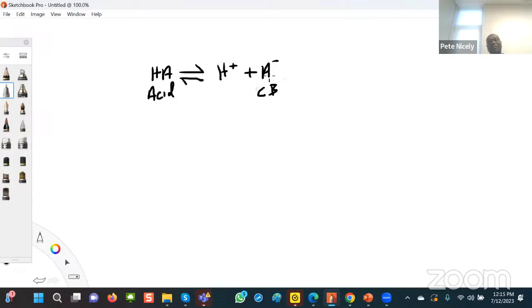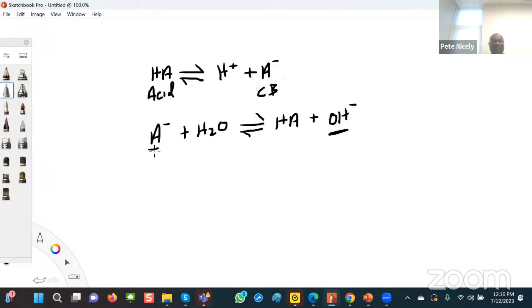So the thing about the conjugate base is that it can act as a base by taking a hydrogen ion from a water molecule to form back the weak acid and the hydroxide ion, right? So by virtue of the fact that the hydroxide ion is formed, that means that the A minus is acting as a base when it reacts with the water.